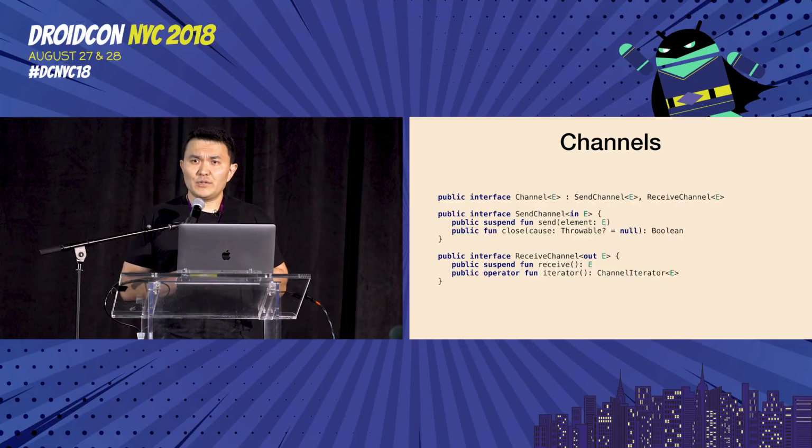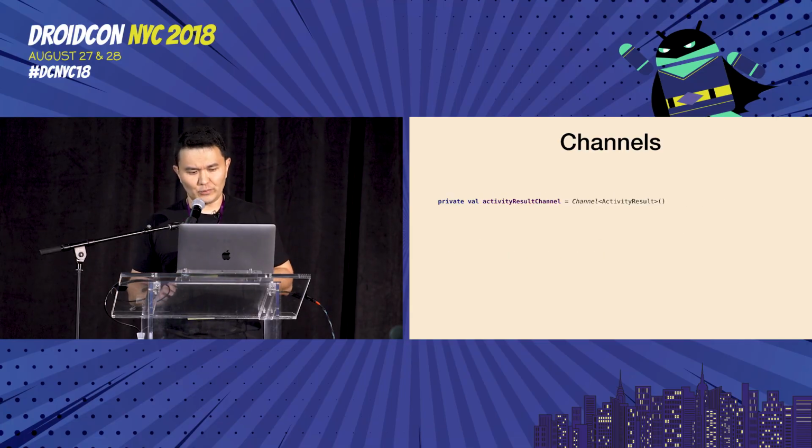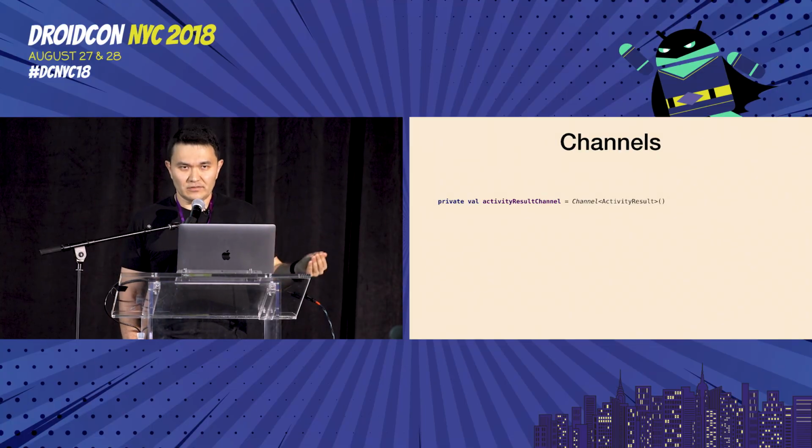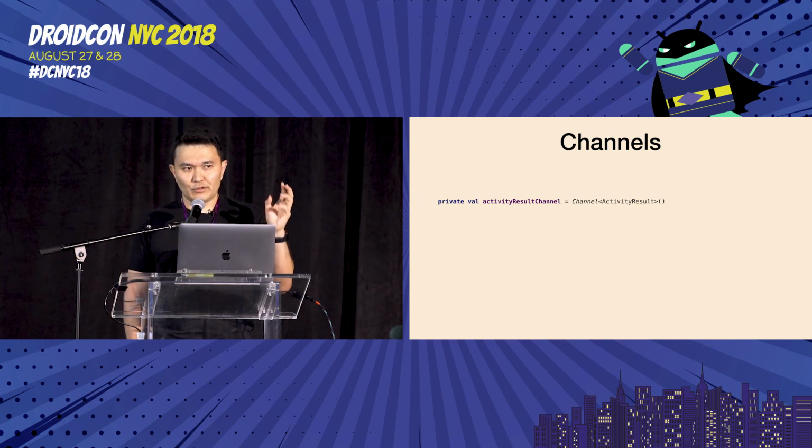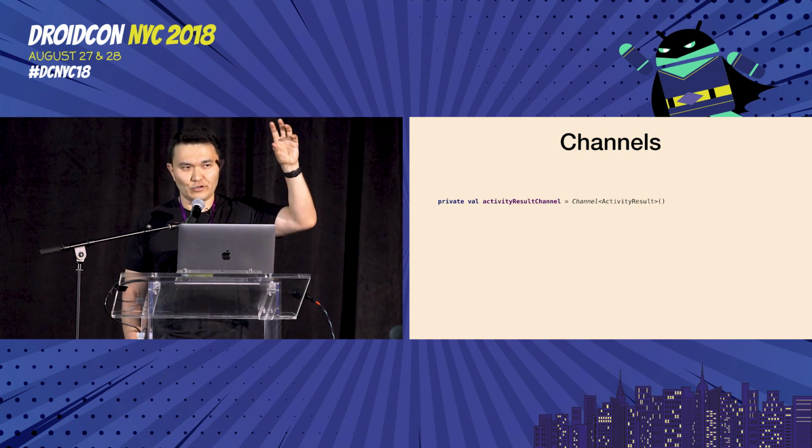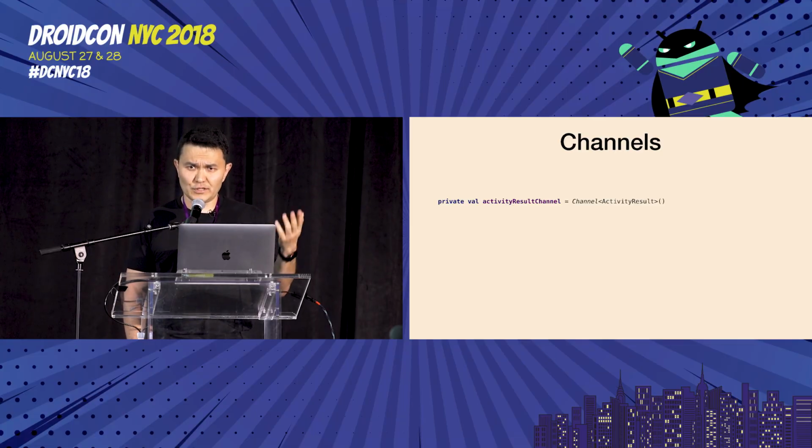So how can it be useful in our applications? There are several different ways you can use the channels. I'll give a couple of simple examples. One of them: say you wanted to change starting the activity, for example. When you start the activity, you have to implement the onActivityResult method, right? So your code is dispersed in a couple of different places. You need to keep track of the codes and things like that.